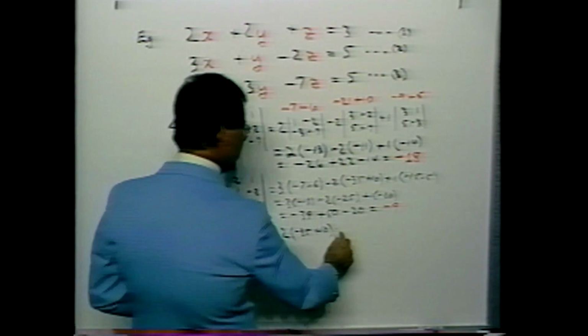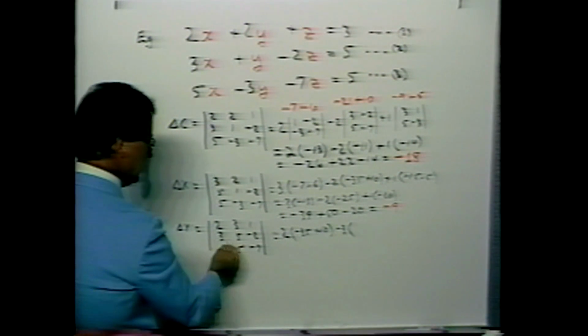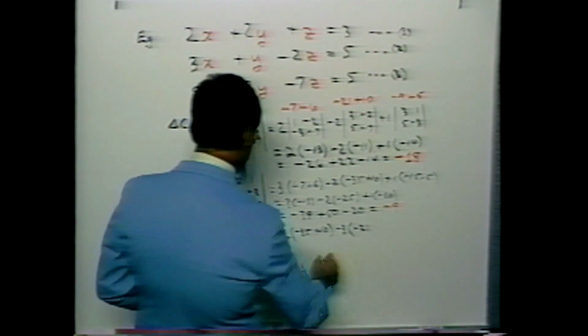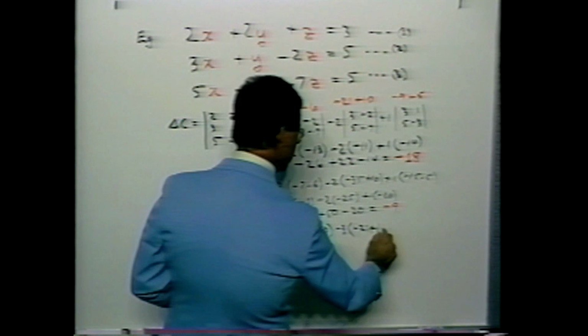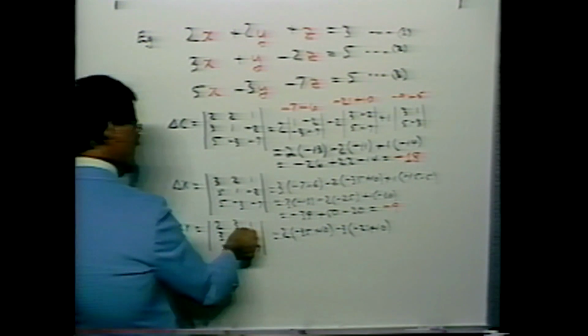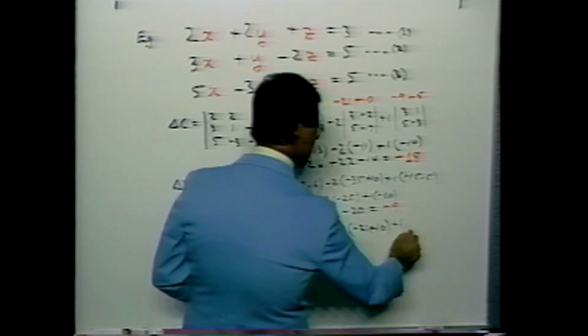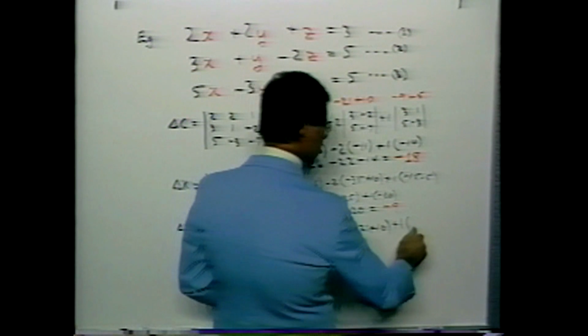We have negative 3 multiplied by the determinant 3 times minus 7 is minus 21. Negative negative 10 is plus 10. And 1 times this corner determinant, and we have plus 1 times 15 minus 25.